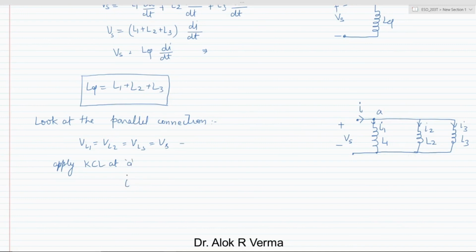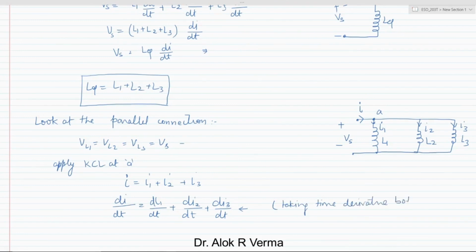The total current I is nothing but I1 plus I2 plus I3, and we can write the derivative: di by dt is di1 by dt plus di2 by dt plus di3 by dt. This is a derivative, so we have just taken the time derivative on both sides.